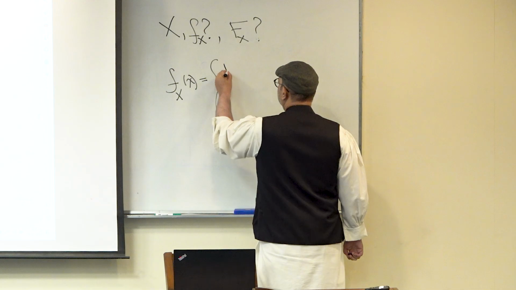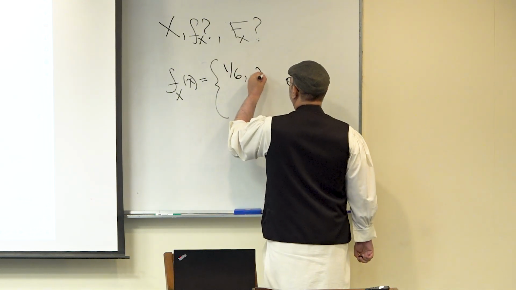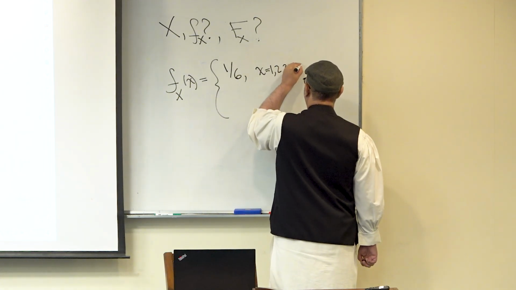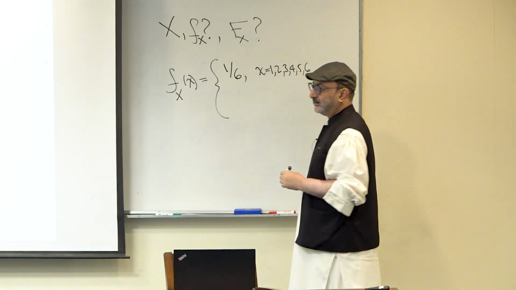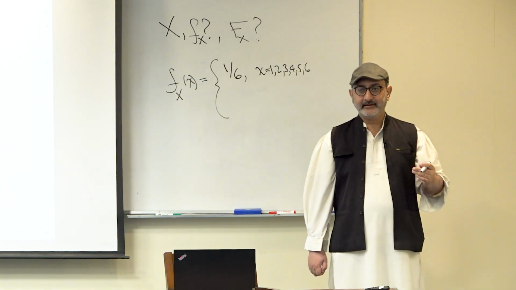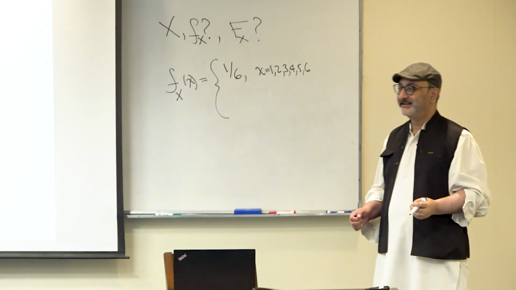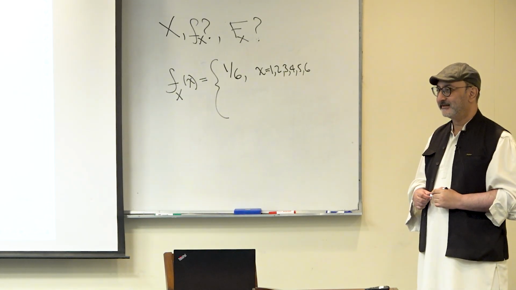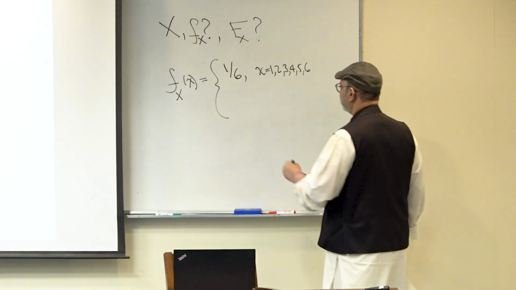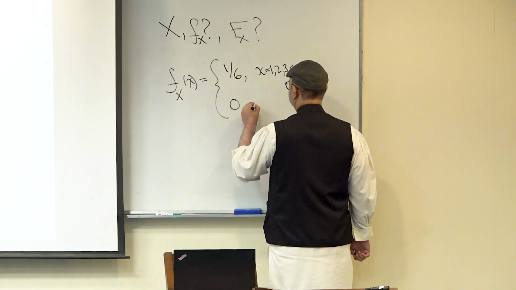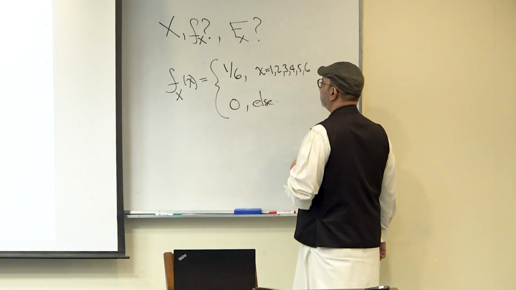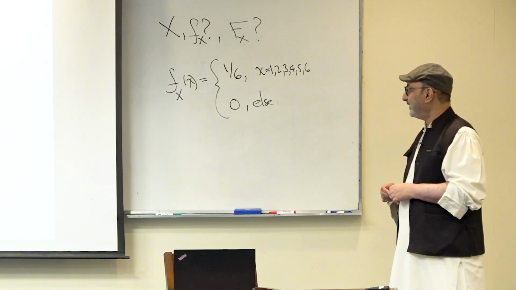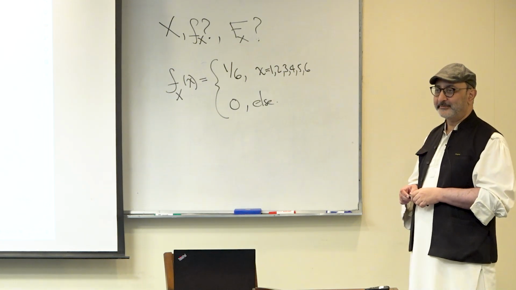So 1 over 6 when x is equal to 1, 2, 3, 4, 5, 6. Okay, so we've defined it at 6 real numbers. How do we define it for all the other infinitely many real numbers? It's 0 otherwise. That's the PMF, the probability mass function.